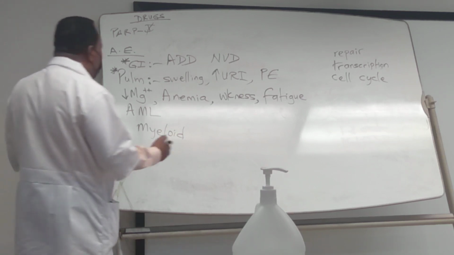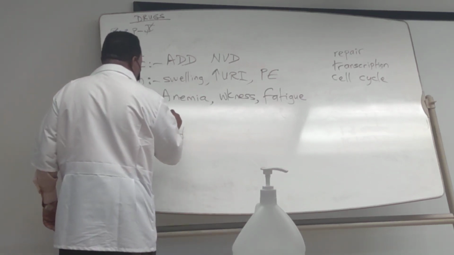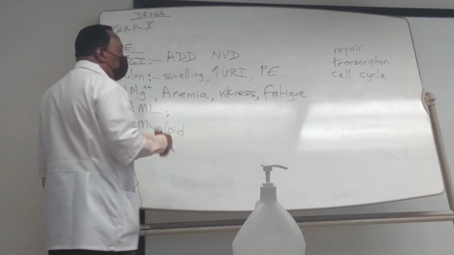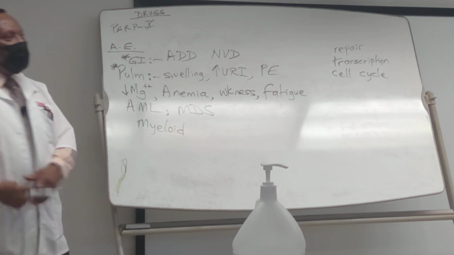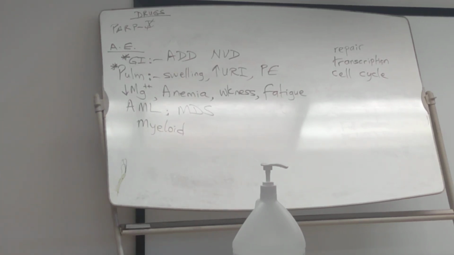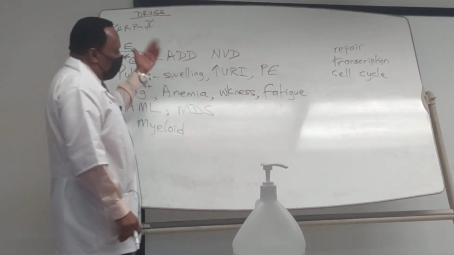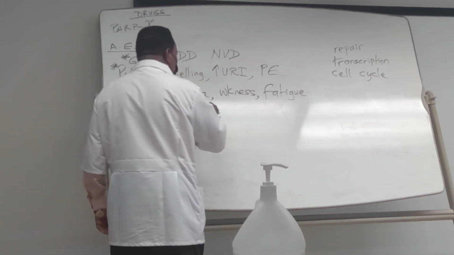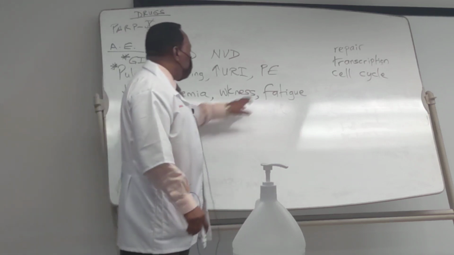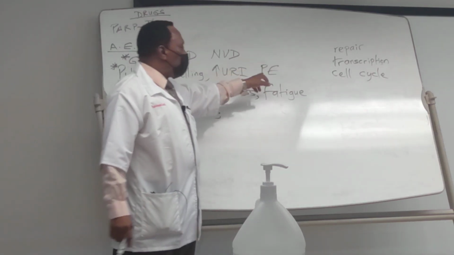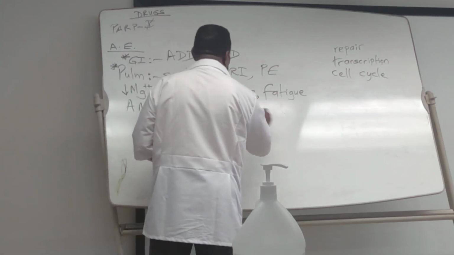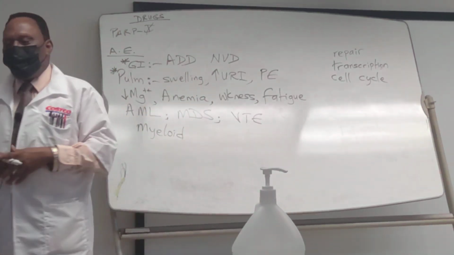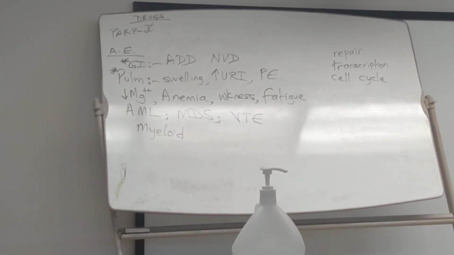And it has also been known to produce MDS, you know, myeloid dysplastic syndrome, which is actually a type of cancer also. And apart from this PE that you see, which relates to clot, it may also produce venous thromboembolism.